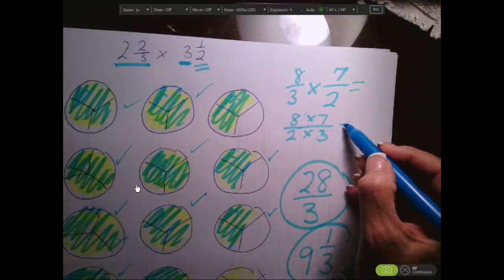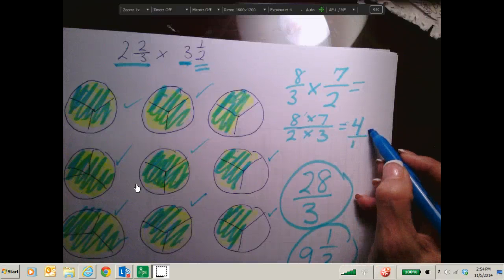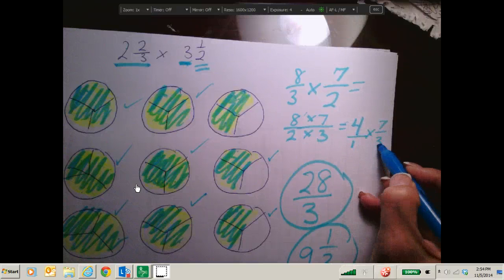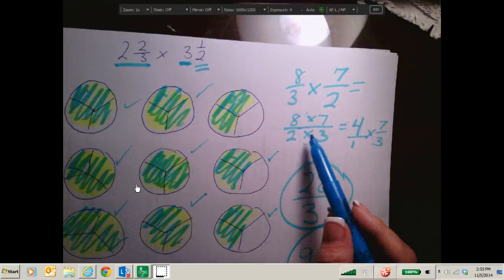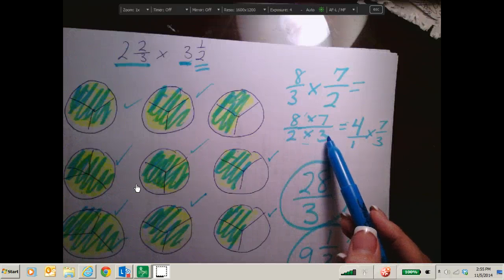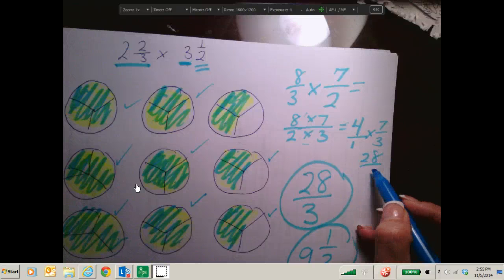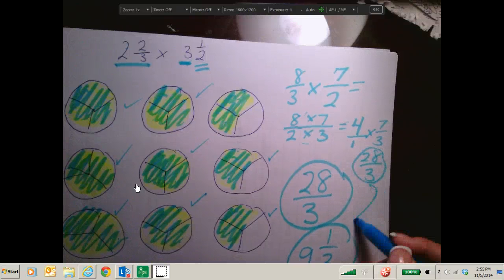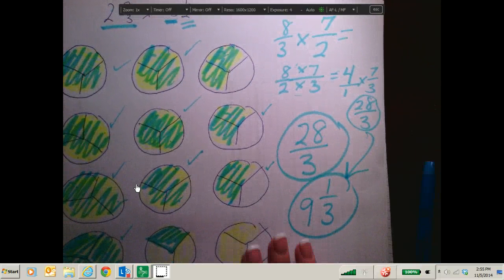So basically I'm multiplying 4 over 7/3. So you can see that it's much easier than coming up with 56/6, like if we had multiplied the other way. So if I multiply across I get 28 thirds, which again can be simplified and shown as 9 and 1/3.